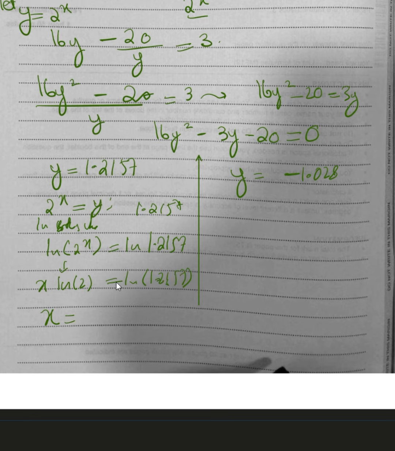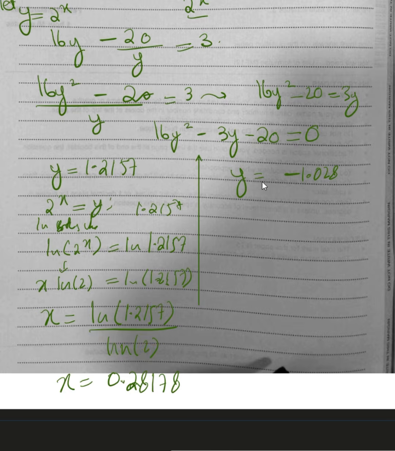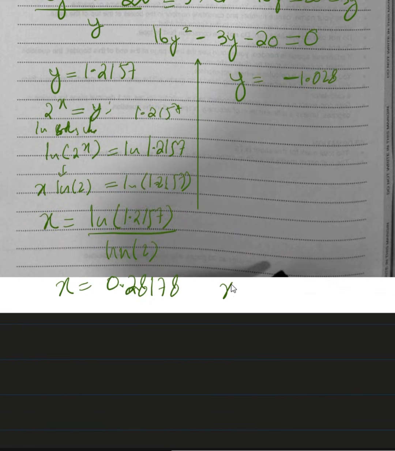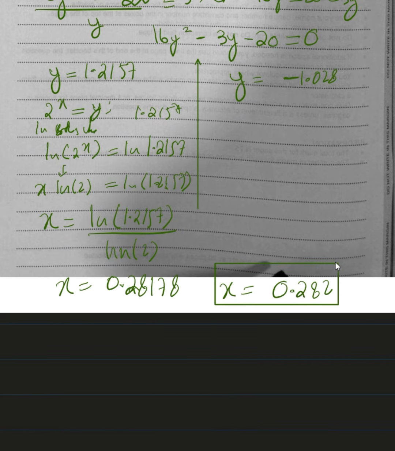And x will be equal to ln 1.2157 divided by ln 2, and the answer will be 0.28178. Now the question asks us to write it in 3 significant figures, so we'll rewrite it as x equals 0.282, and that will be our final answer.